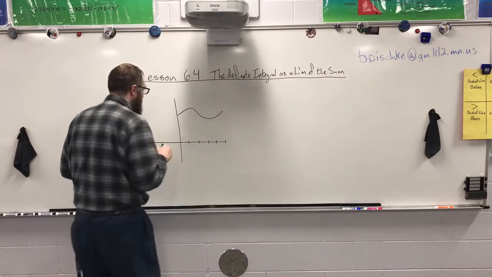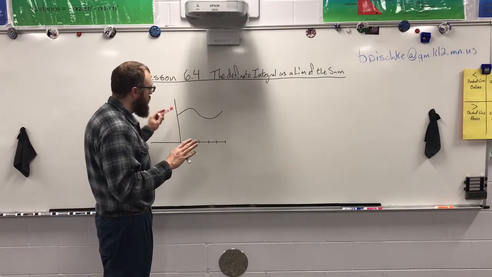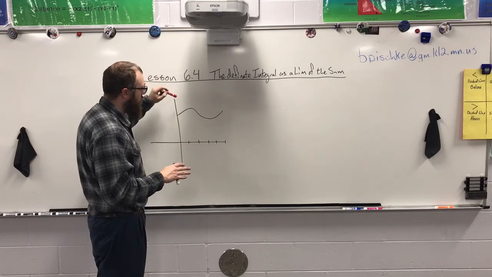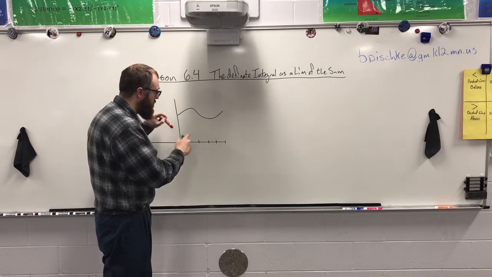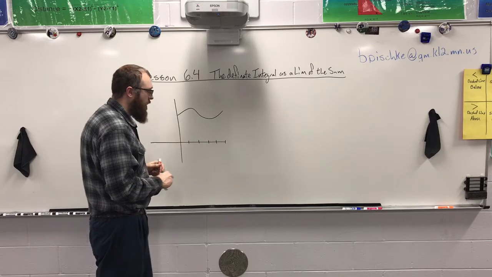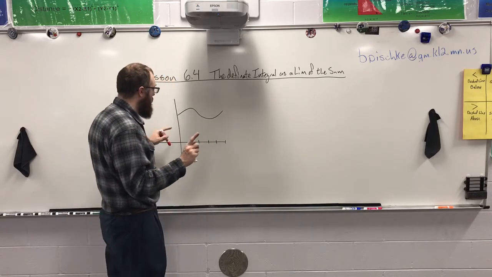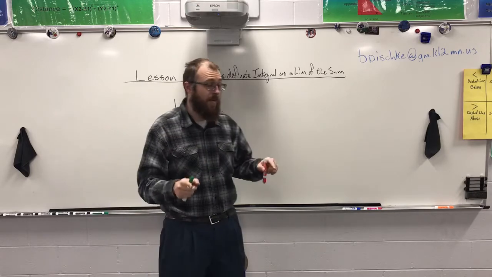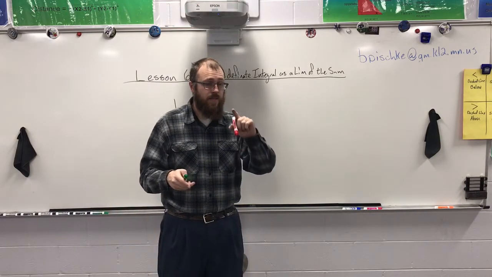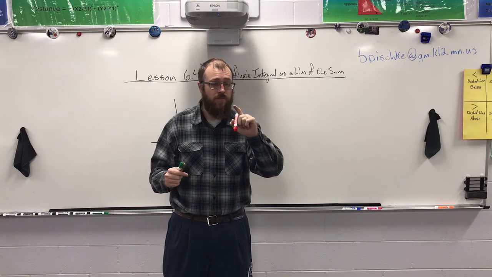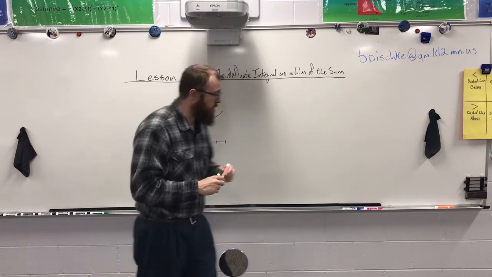So originally, Riemann would have said, if I want to find the area of the region under this curve, what I could do is I could take the curve and I could split it into rectangles that represent the area of each chunk of the curve.